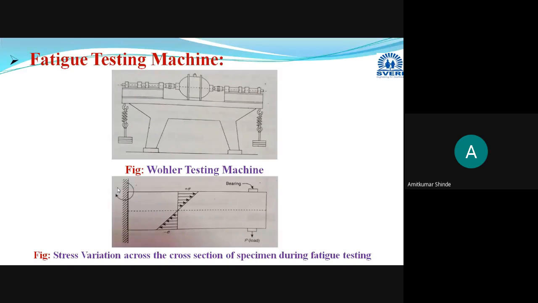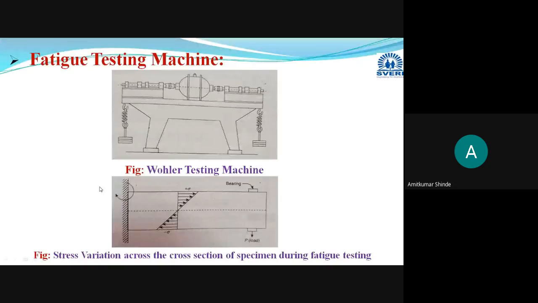You can say n is the number of cyclic fluctuations in the stress. Due to the rotation of the component from one end, there will be stress fluctuation. We are continuously providing rotations one by one, and due to this rotation, fluctuation in the stress values will get created. That's why it is denoted by the letter n.